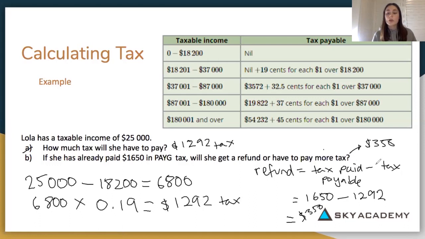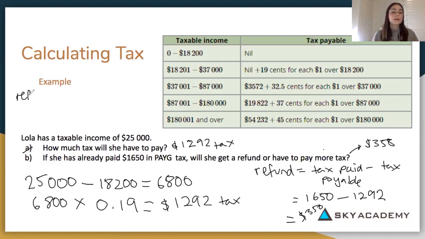So if you remember back in the previous slide, we had a refund formula and a tax owing formula. To figure out which one to use, if the tax that you've already paid is bigger, you get a refund. But if the tax that you've already paid is less, you're going to have to pay more, and so you're going to do the tax owing.